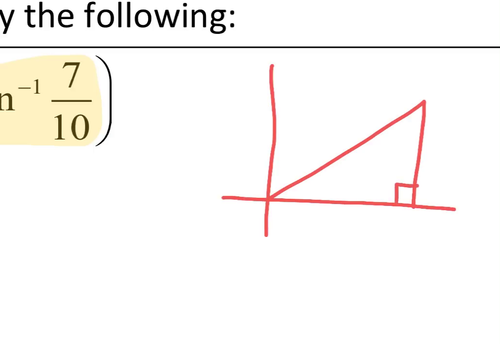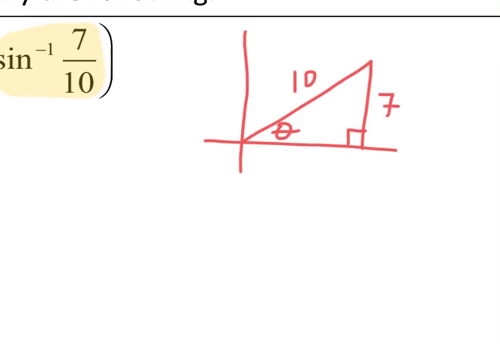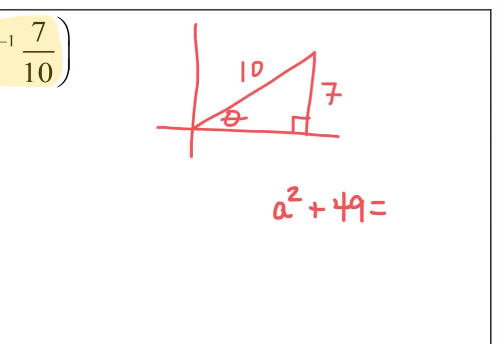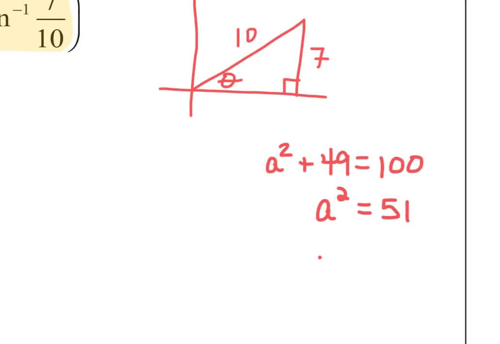I can use theta because I only have one angle that I'm talking about, and sine is opposite over hypotenuse. Do the Pythagorean theorem. I'm looking for a squared. 7 squared, the b squared, is 49. And 10 squared, or the hypotenuse squared, is 100. 100 minus 49 is 51. And so A is going to be radical 51.